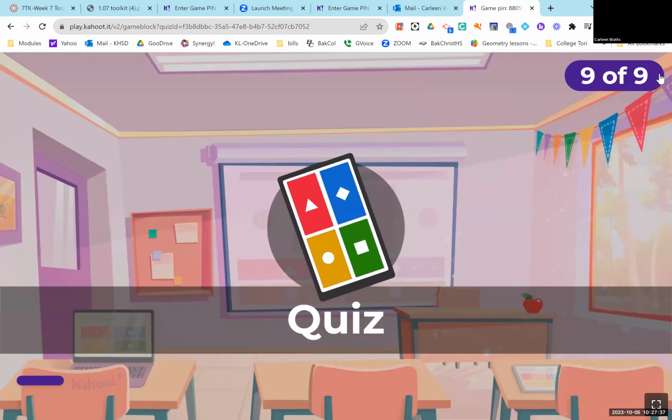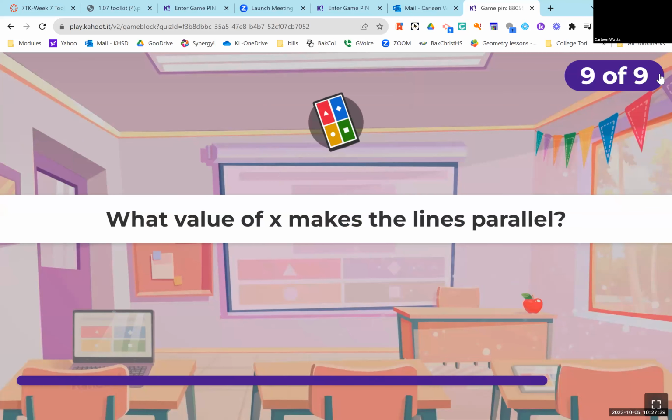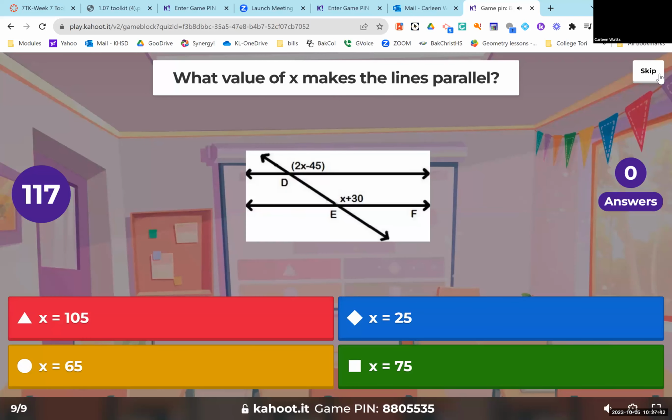Okay. Last question. Okay, if lines are parallel, one of them is on the top right and the other is also on the top right. So are they equal to each other, or you add them and their sum is 180? Ooh, so they're going to be equal to each other, right?